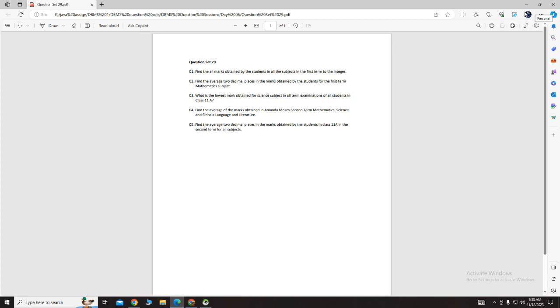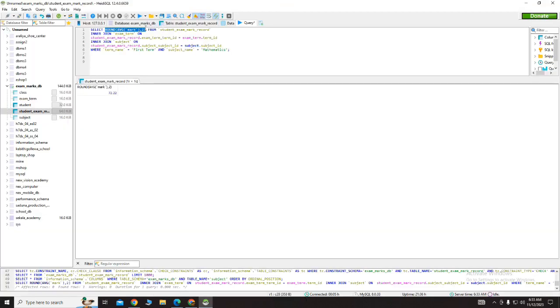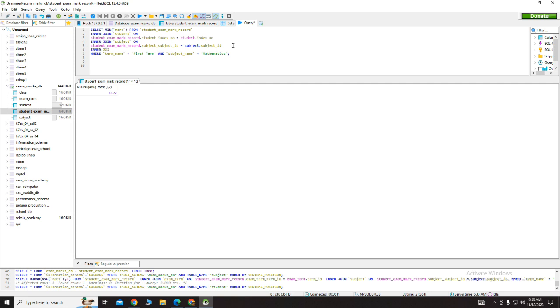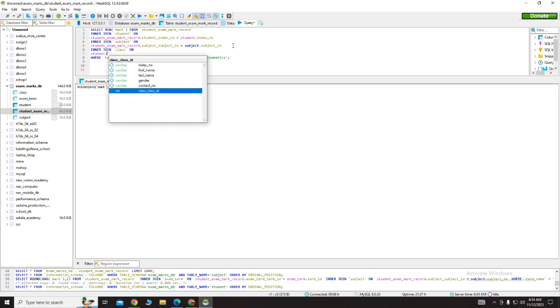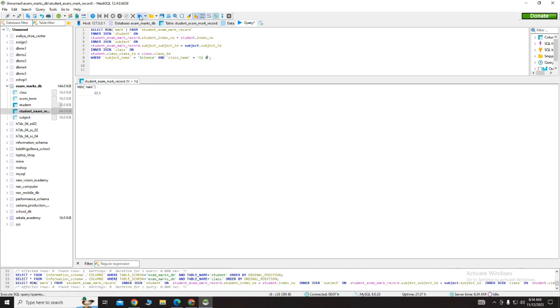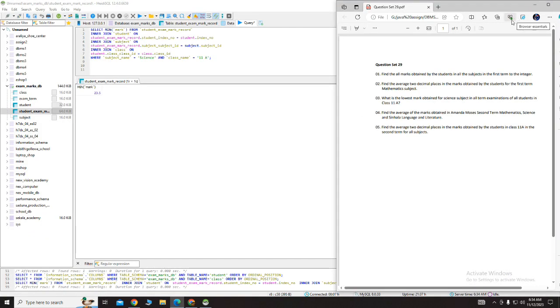The third question says what is the lowest mark obtained for science subject in all term examinations of all students in class 11A. For the third question they say find the lowest mark.